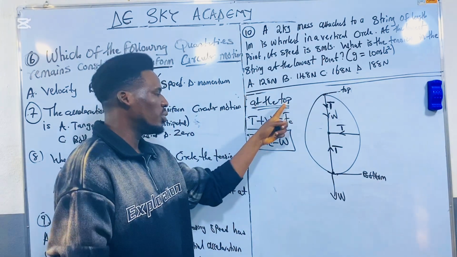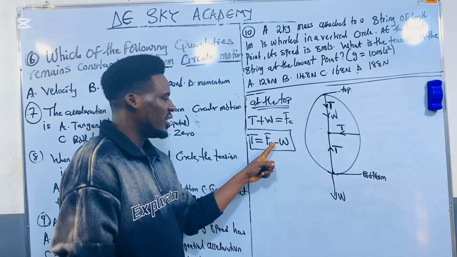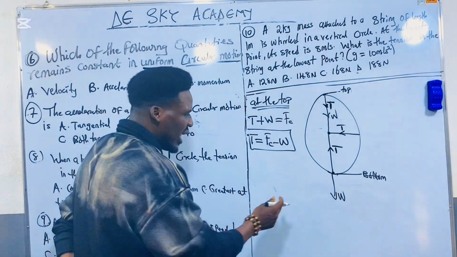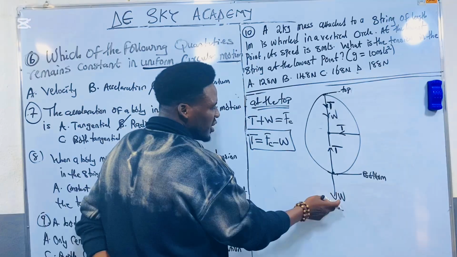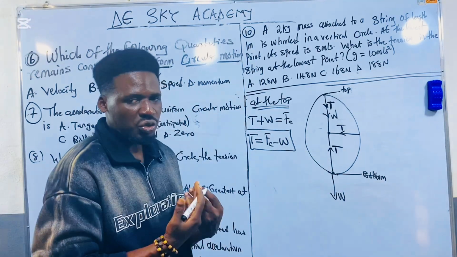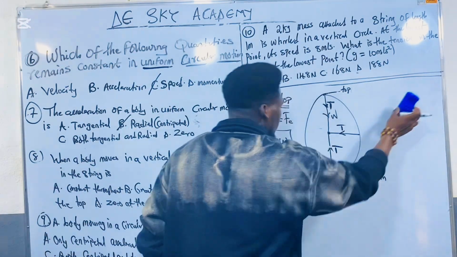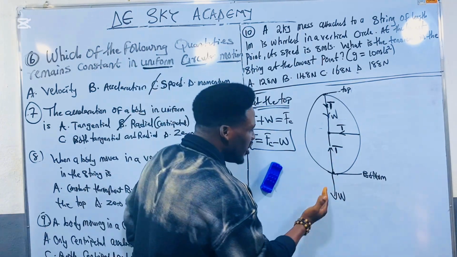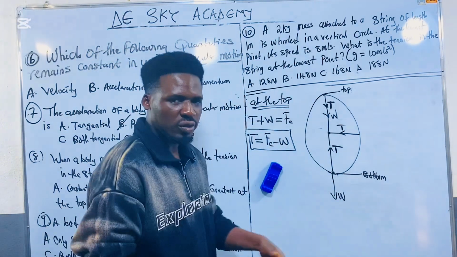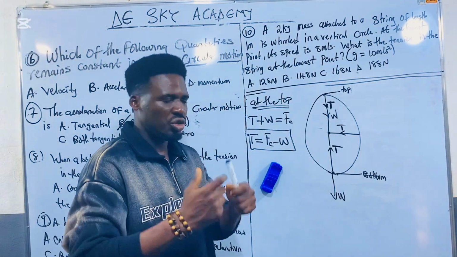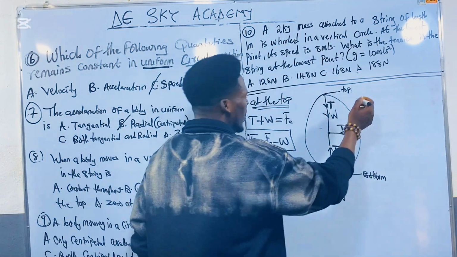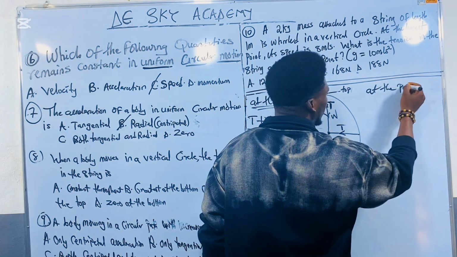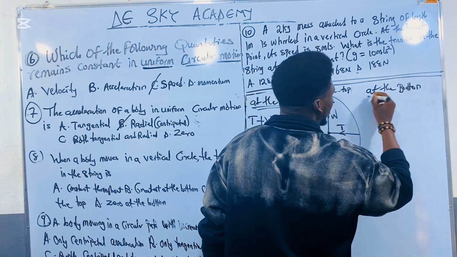So at the top, the tension force is said to be minimum. Why? Because of the presence of this minus. At the bottom now, you have two forces that are moving in opposite directions. What do you do? You subtract, because these two forces are moving in opposite directions. The tension is moving up, the weight is moving down. So at the bottom, what am I going to have?